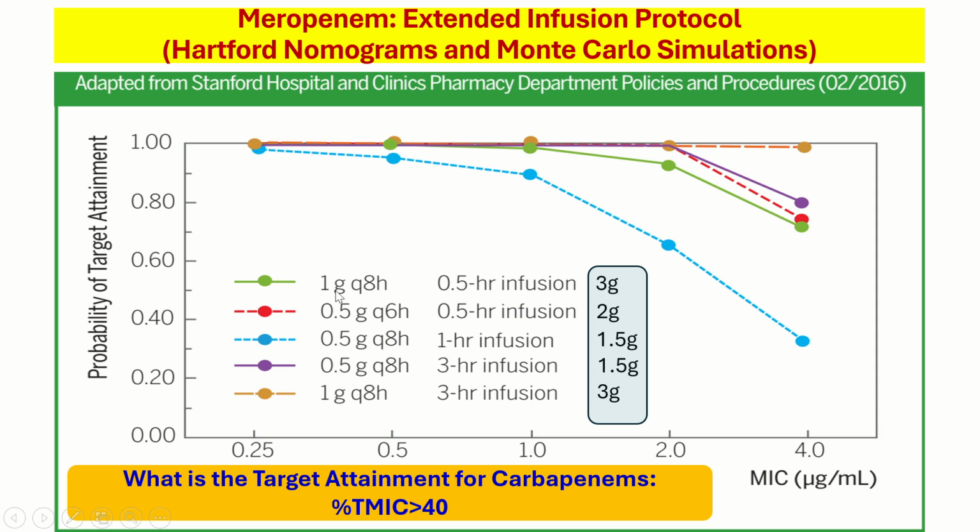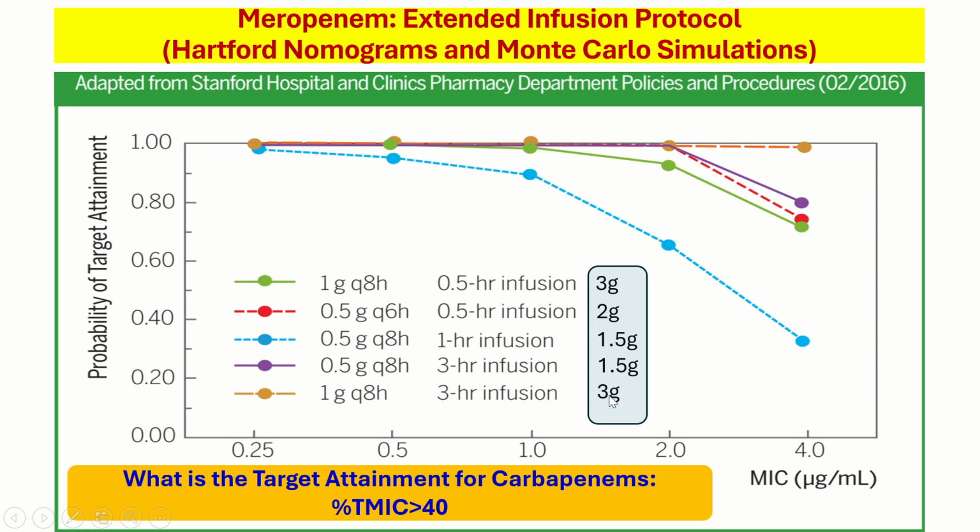So if it is 1 gram 3 times a day, that's 3 grams. This is 500 milligrams 4 times a day, so that's total 2 grams. This is 500 milligrams 3 times a day, so it's 1.5 grams. This is also 1.5 grams, and this is a total of 3 grams.